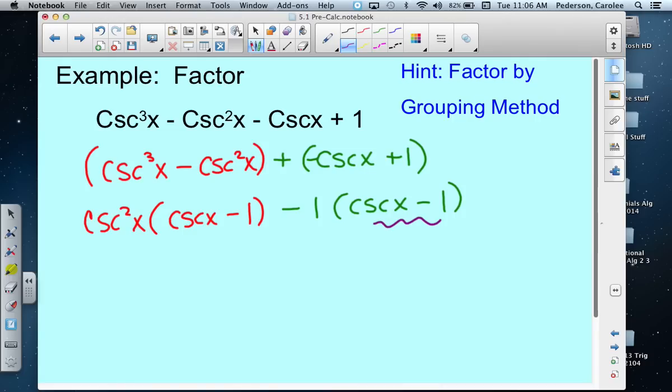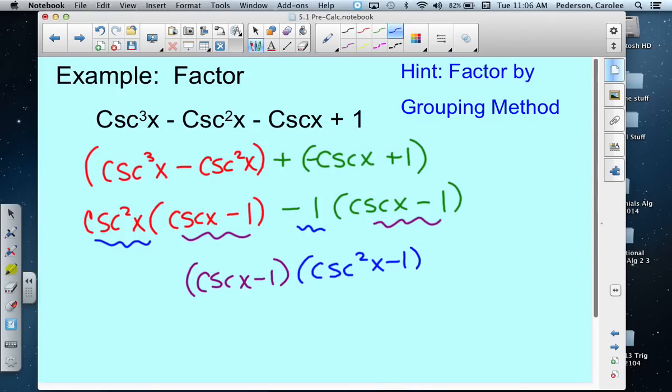Both of these parentheses are the same. So that's my new GCF. And my leftovers are the stuff in front, cosecant squared of x minus 1.